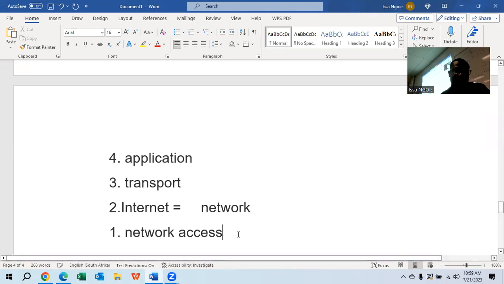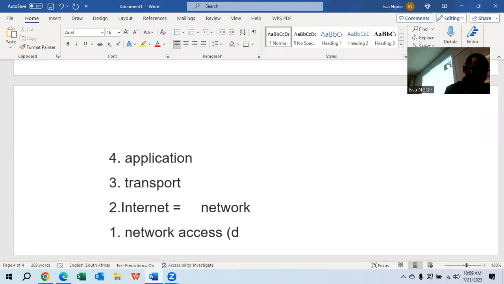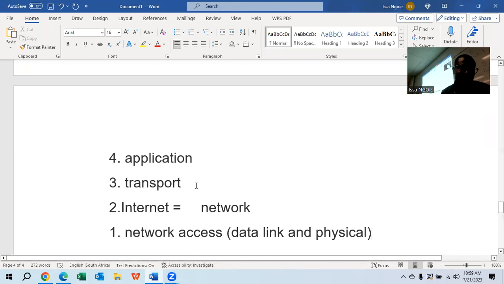But this one from the OSI model is going to take 2: data link and physical. They combine them and made this network access. The two last ones, they combined, they made this network access. The network becomes the internet.